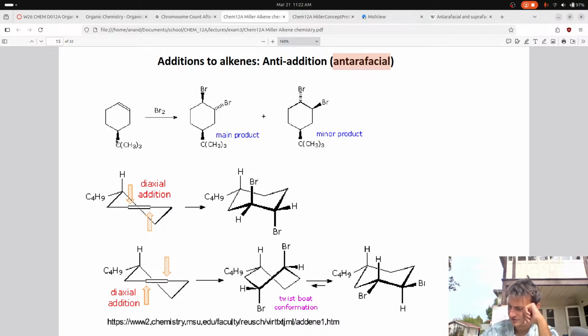This is H. So this is T-bu. This is H. Axially up, so axially down. And now here, does a bromonium ion form? It must, right? So let's just say that it added down. I don't think it matters.